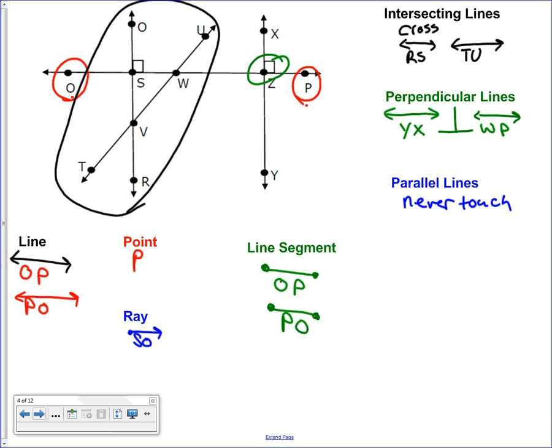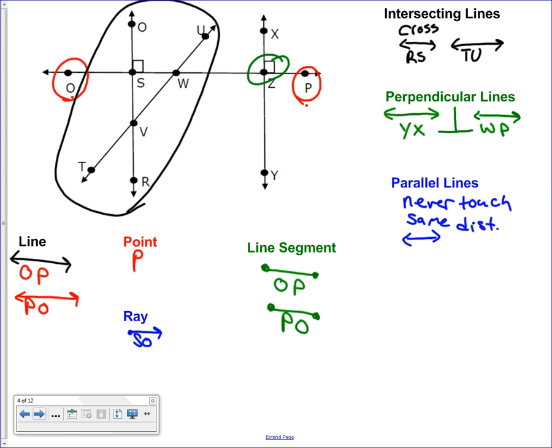But more importantly, they stay the same distance away from each other all the time. So never touch. Same distance.